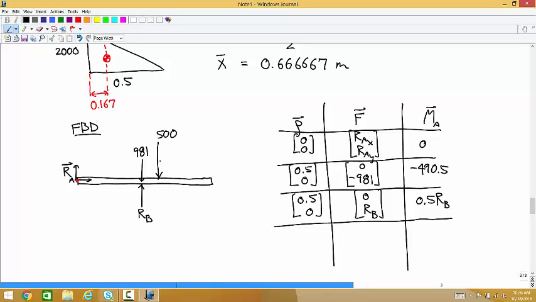And then the last one is that 500 newtons. That's at the location 0.667, 0. You know, the y position doesn't matter. The force is 0, negative 500. And so the moment is negative 333.33.